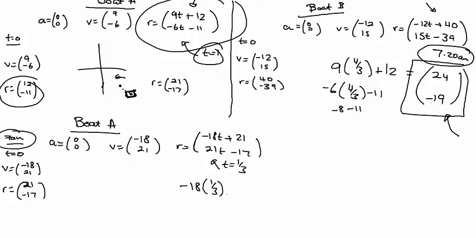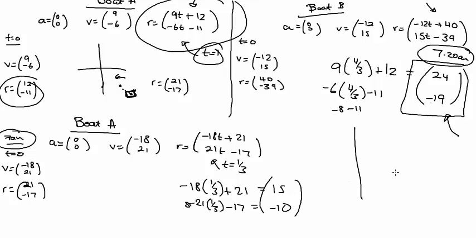So minus 18/3, sorry, plus 21, so that'll be minus 6 plus 21, that's going to equal 15. If I put it into there, I'm going to get 21/3, which is 7, minus 17 equals minus 10. And again, if I made an error, my bad on that one.